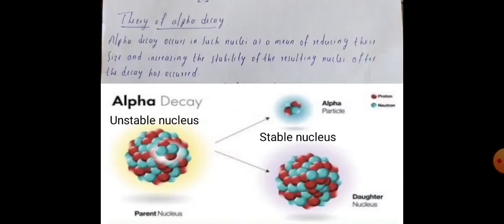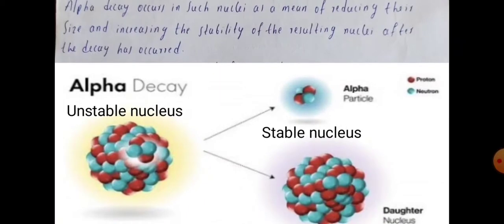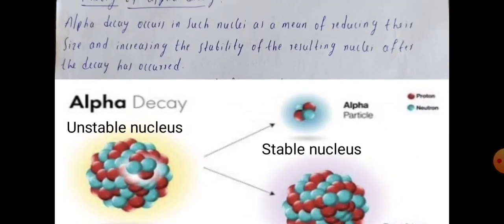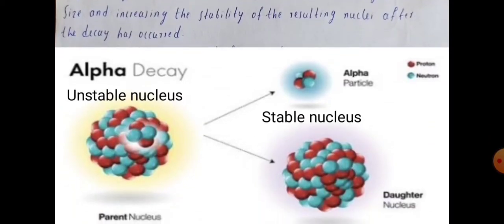The first point in the theory of alpha decay is that alpha decay occurs in such nuclei as a means of reducing their size and increasing the stability of the resulting nuclei after the decay has occurred. Here in the diagram we can see the unstable parent nucleus on the left side, and on the right side a stable daughter nucleus and an alpha particle.